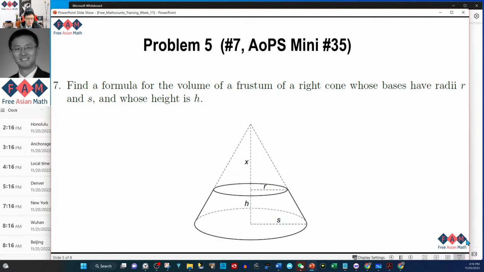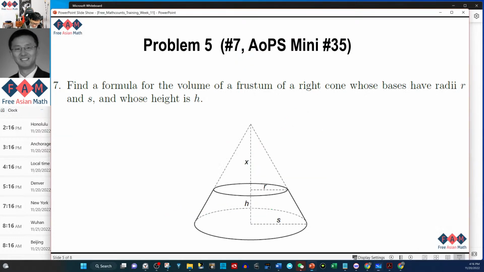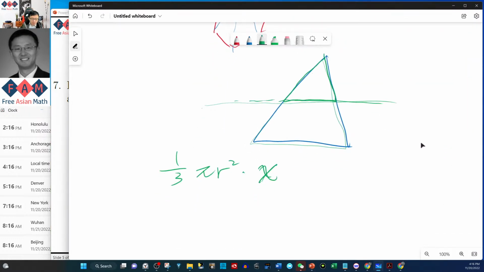But can we figure out what x is? Because once we know x, we will be able to calculate the volume of the smaller cone, which would be 1/3 pi r squared. That's the area of the base times this x, if x is the height of the smaller cone, right? You see that. But what is the volume of the bigger original cone?